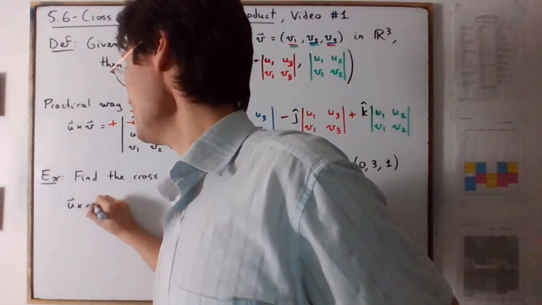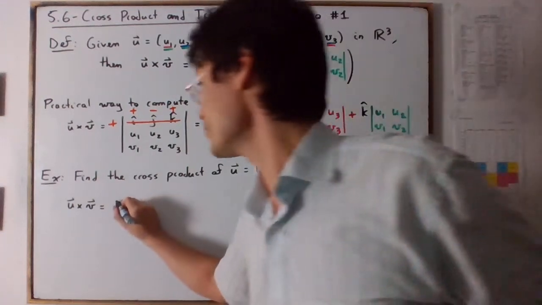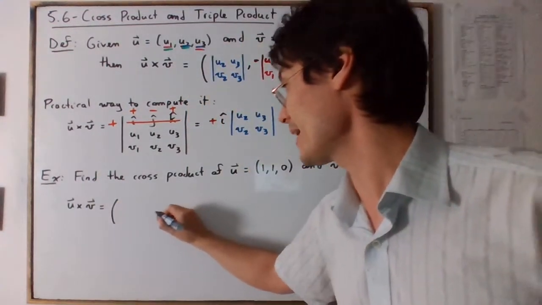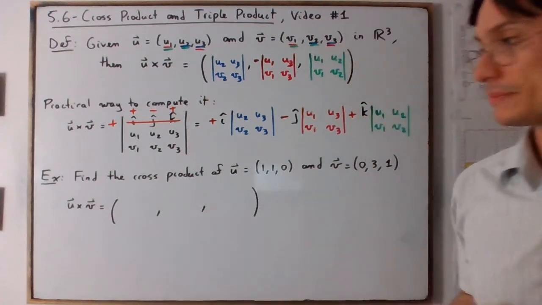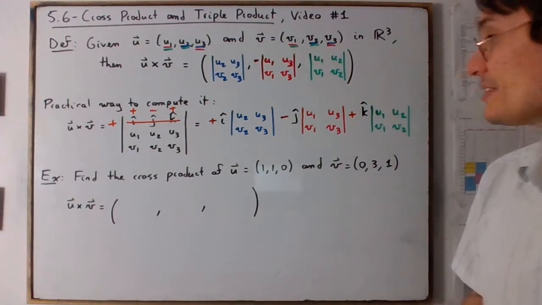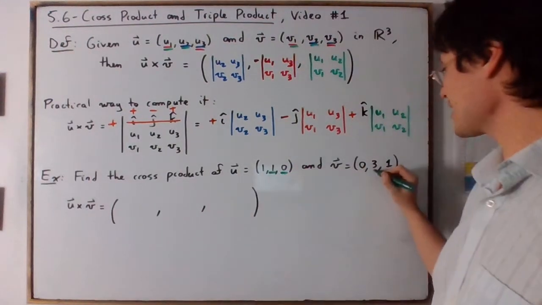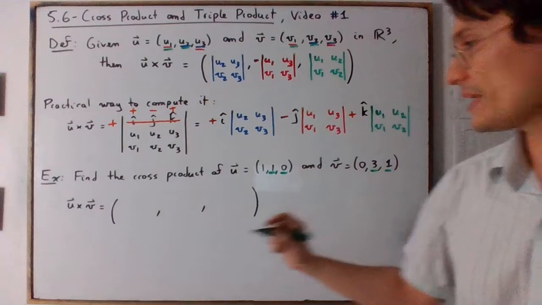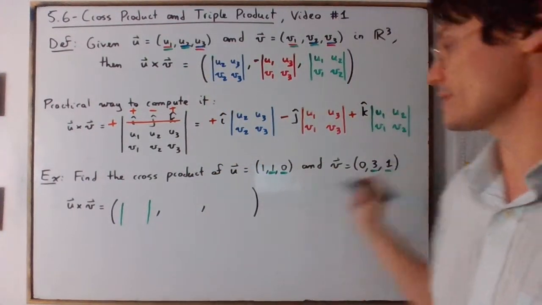u cross v. I will color code just for you to see what's happening. You have three components. The trick is to always remember that for the first component, you're using the second and the third. So you do the determinant with 1, 0, 3, 1.